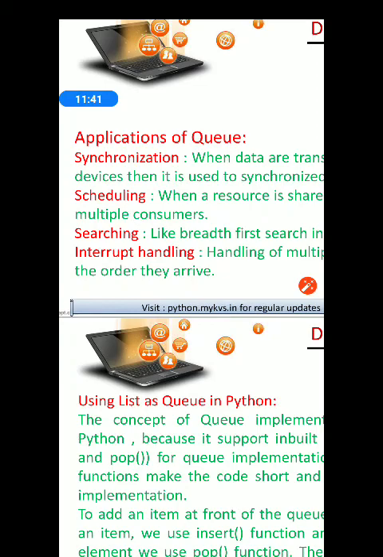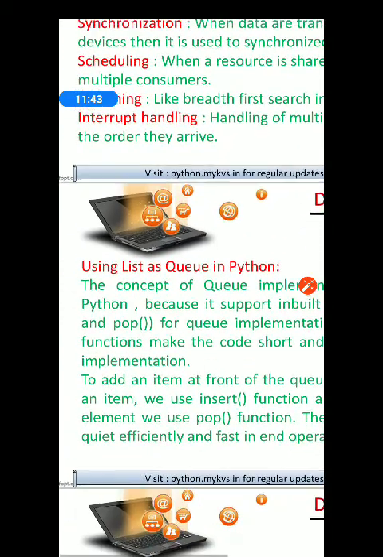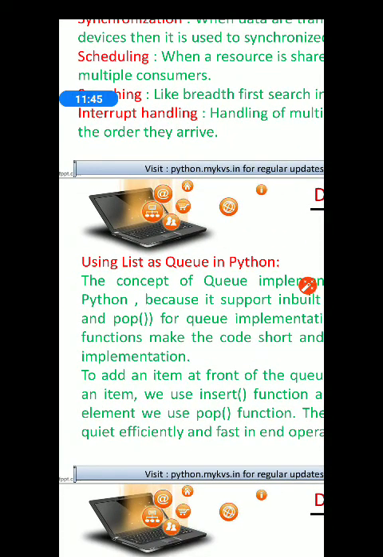And then we'll use list as queue, because list we have already seen, and we have done this in your class 11 syllabus, and then we have just brushed up the whole portion of list a few days back. So it will be better to use the list data structure for implementing queue in Python.